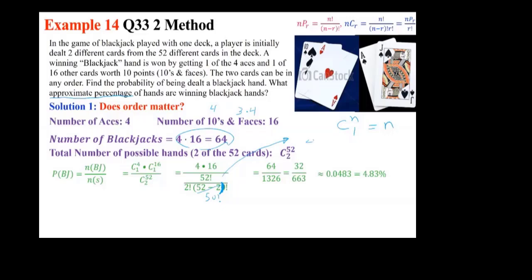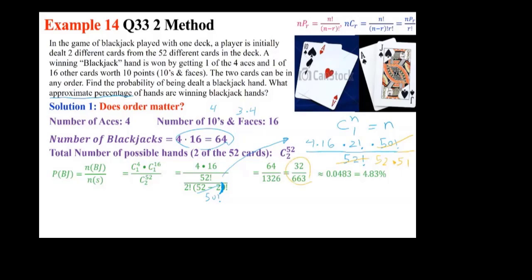This one would be 4 times 16 times 2 factorial times 50 factorial over, simply put, 52 factorial. See that this can be simplified. This can go away, and it changes to 52 times 51. And now you simplify and you end up with this fraction.